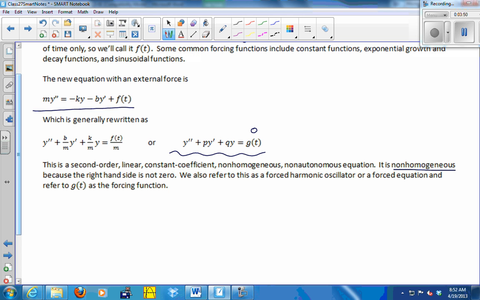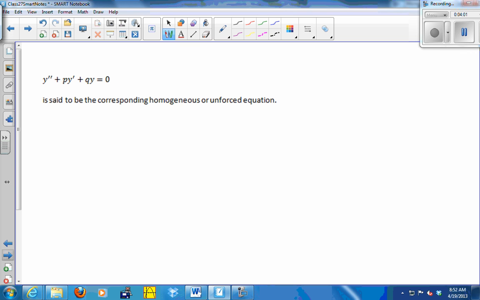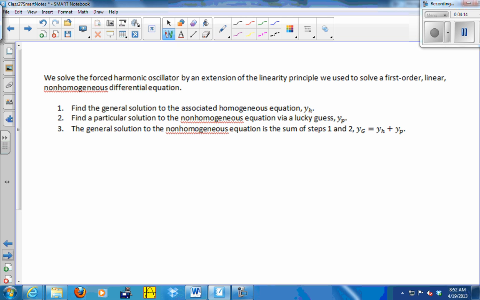We refer to this equation as a forced harmonic oscillator or a forced equation, and g of t is called the forcing function. If you set it equal to 0 instead of g of t, we call that the associated or corresponding homogeneous or unforced equation. We solve the forced harmonic oscillator the same way we solved the first order non-homogeneous differential equation.